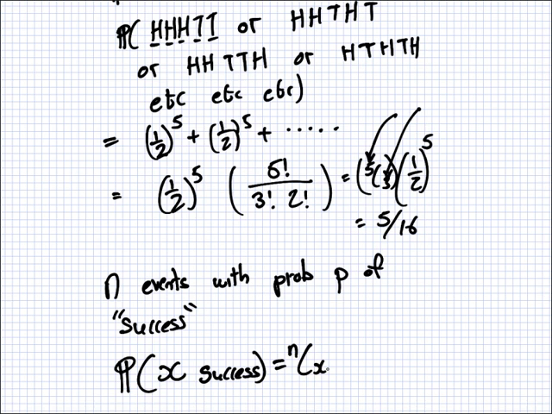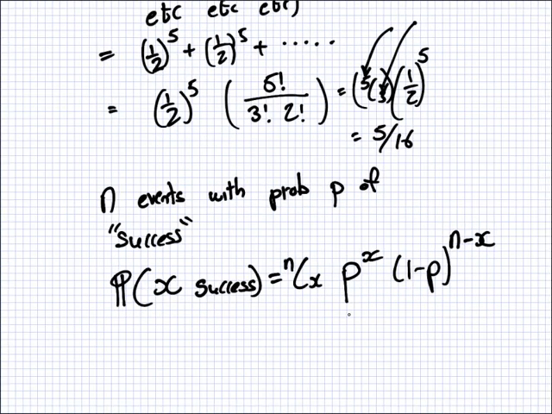So it's NCX, and then P power X, because it's success, success, success, and then in this case 2 failures, so that's 1 minus P, which just so happens to also be a half. And the power is n minus x. That's how many failures you want. So this is x successes, and then the rest, n minus x, has to be failures.